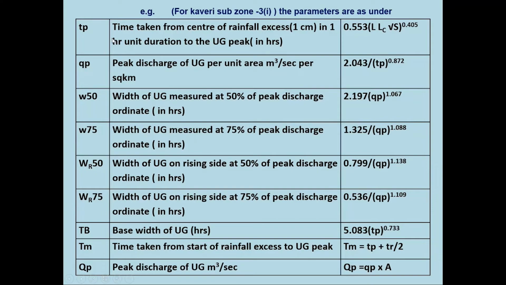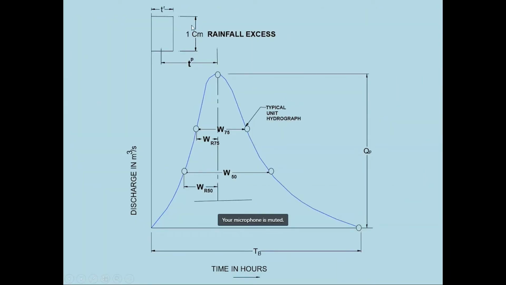So what is TP? TP is the time taken from the center of the 1 hour rainfall duration to the UG peak. I hope you are understanding. This is the TR, and this TR is also 1 hour. So from the center of this to the highest point, this is the time lag, TP.